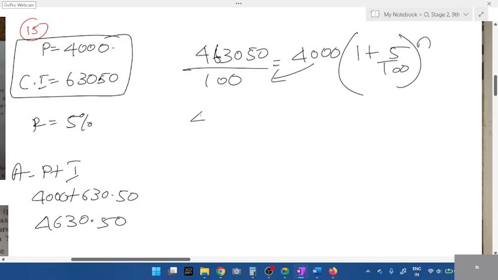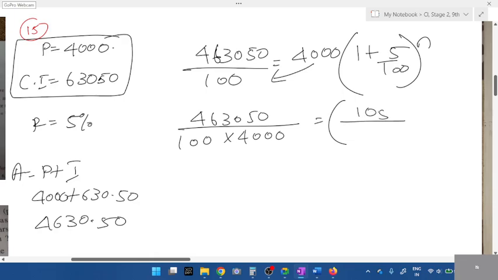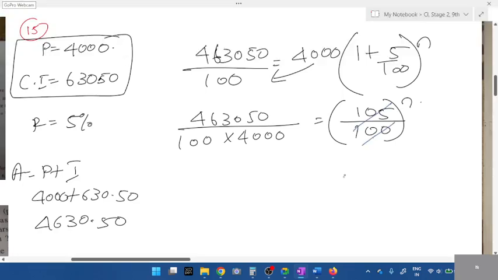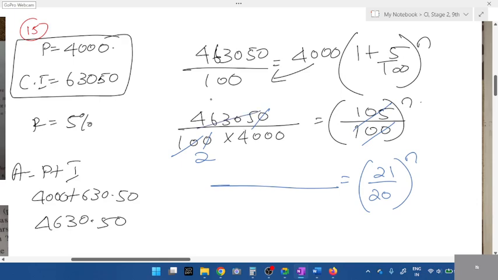Bring this down. Five twos are 5, eights are 40.